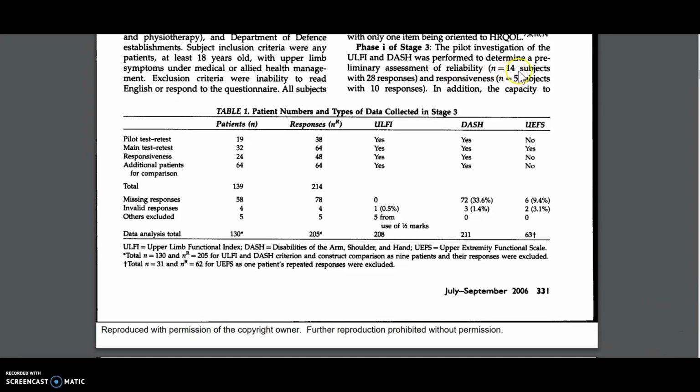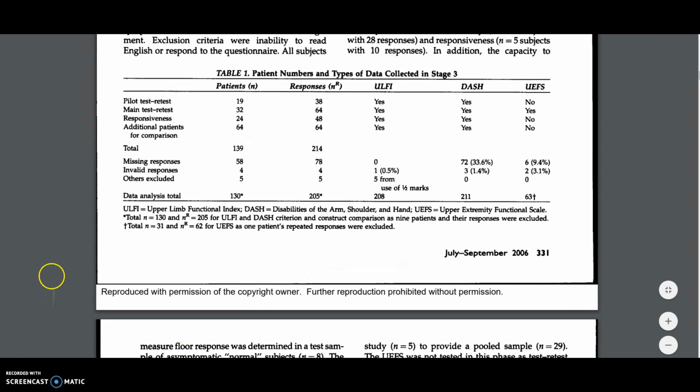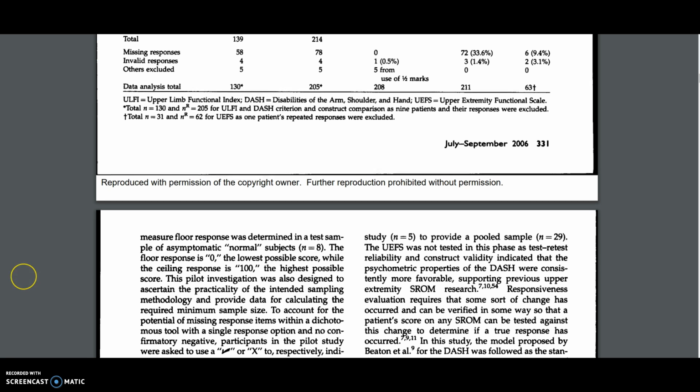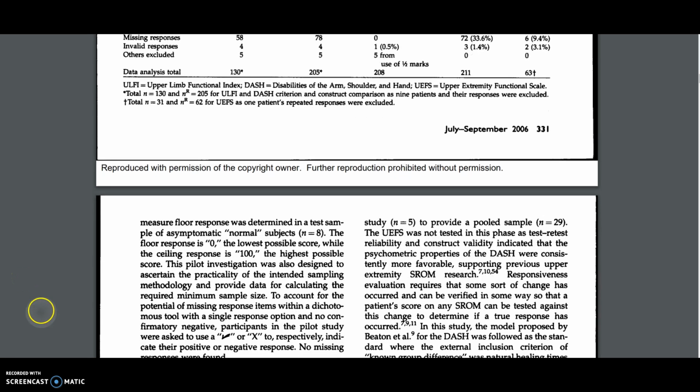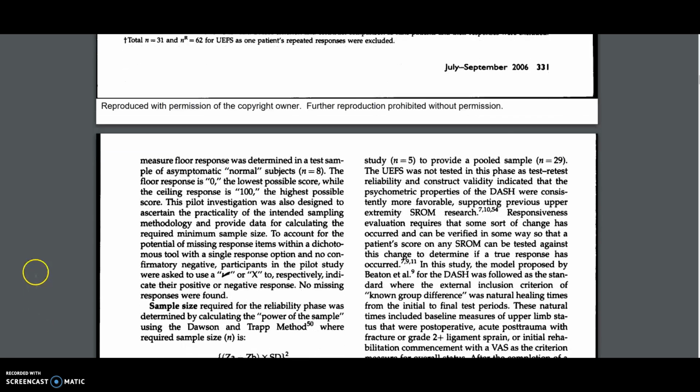They looked at 14 subjects with 28 responses, and they also looked at responsiveness within 5 subjects and received 10 responses total. In addition, the capacity to measure floor response was determined in a test sample of asymptomatic normal subjects. The floor response is 0, the lowest possible score, while the ceiling response is 100. So they're also testing for ceiling effect or floor effect.